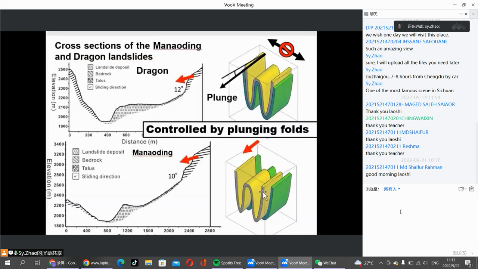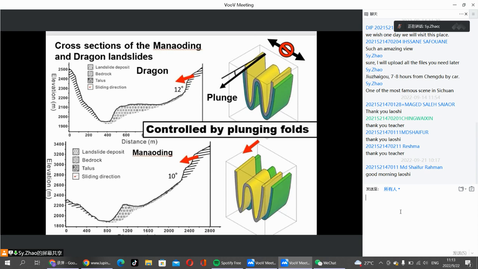So this schematic shows the movement. We can easily see that along this direction the rock stratum is not easy to slide. However, due to the plunging angle of the fold, even if it is very gentle, the rock slide can happen much more easily along the plunging direction with some high angle joints.